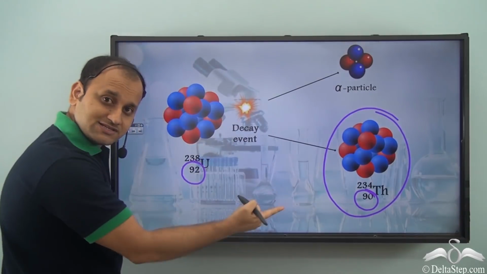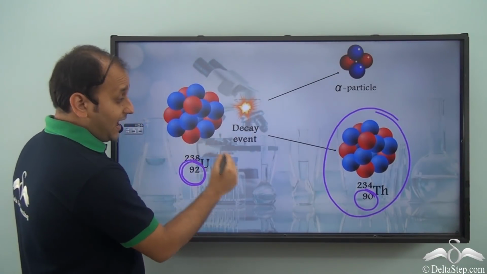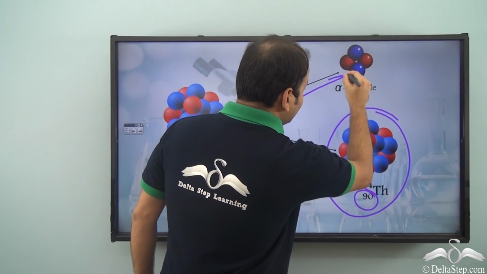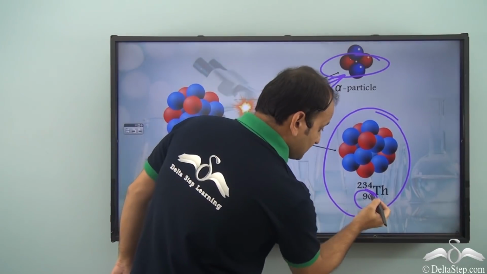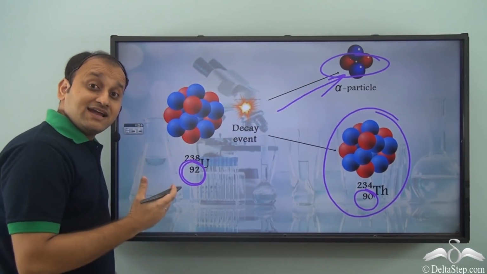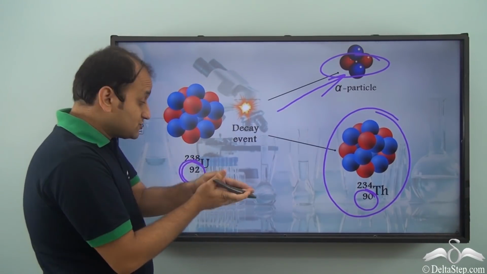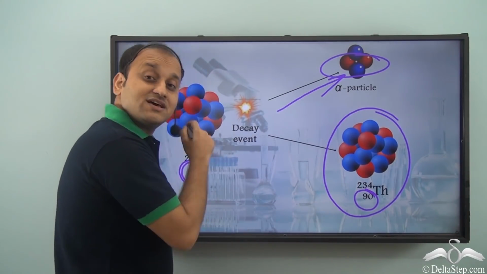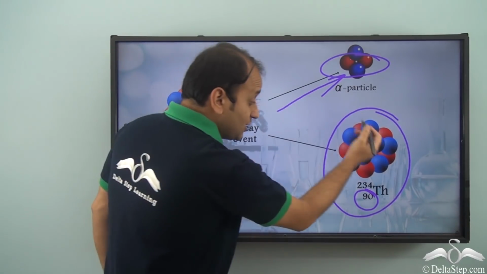Initially the atomic number was 92, and after the alpha particle is released we have 2 protons less, so now the atomic number is 90, and atomic number is what defines an element. So as the atomic number changes, the element changes. So now it is no more uranium, it is thorium.